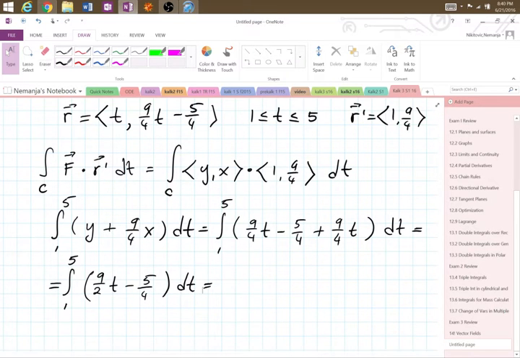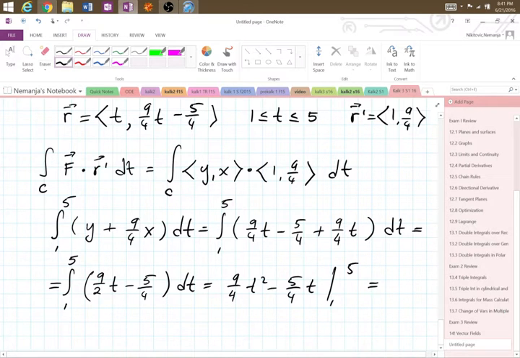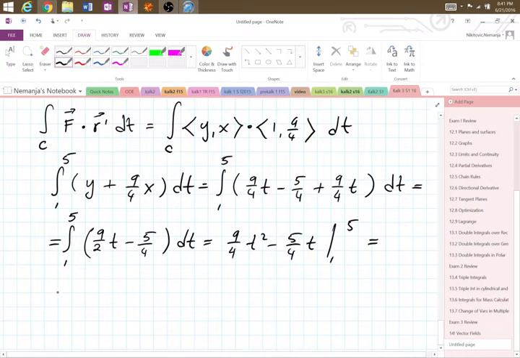It's calc 1. So the integral of 9/2 t is 9/4 t squared, minus 5/4 t, from 1 to 5, and that should give us a number. Let's compute, because we can. So 25 times 9 is 225 over 4, minus 25 over 4, minus 9/4 plus 5/4.